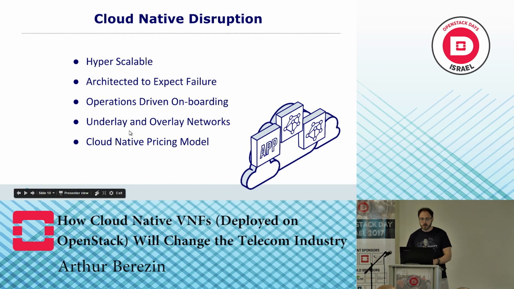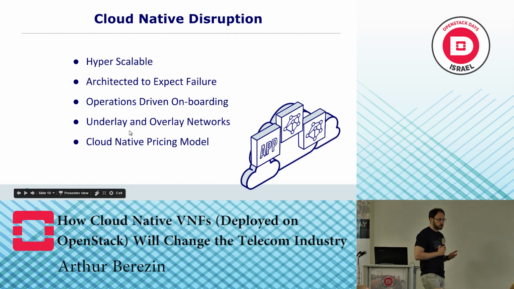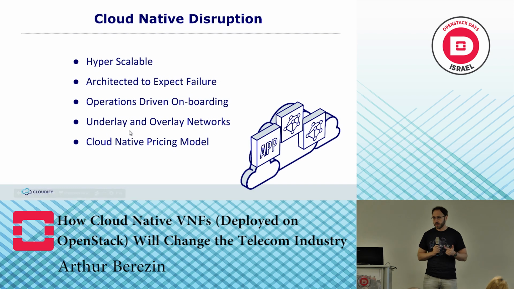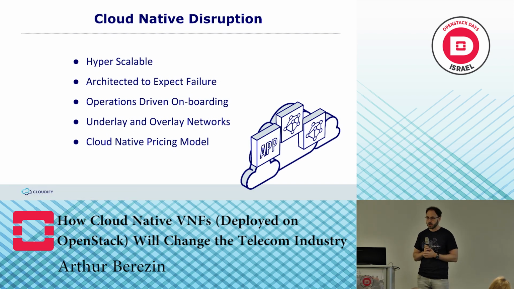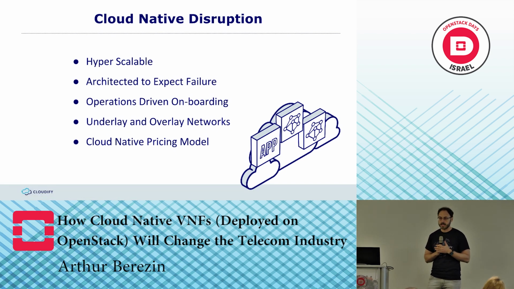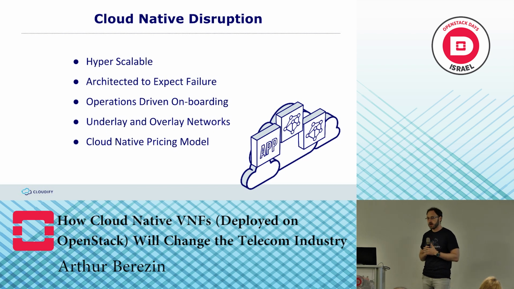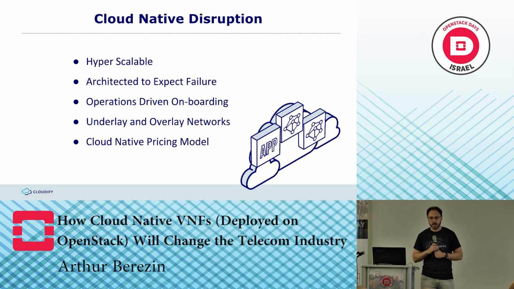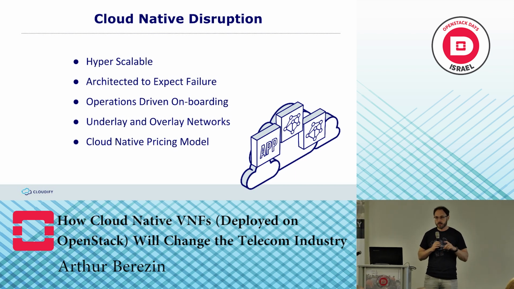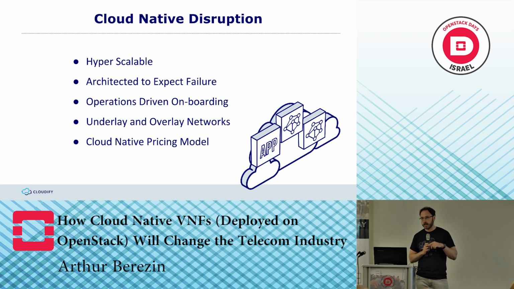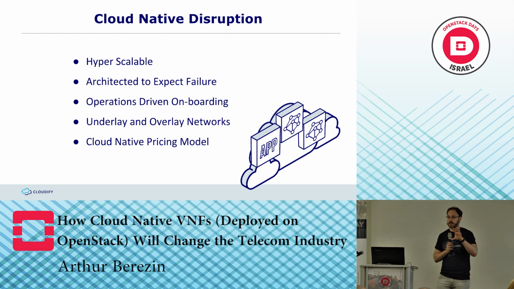Underlay and overlay. So right now we have multiple layers of networks, and we're doing a lot of encapsulations, right? Think of an application, for example, a virtual router that does VLAN, and that is done in the overlay layer of the networking inside the VM itself, right? This is what we are doing today.